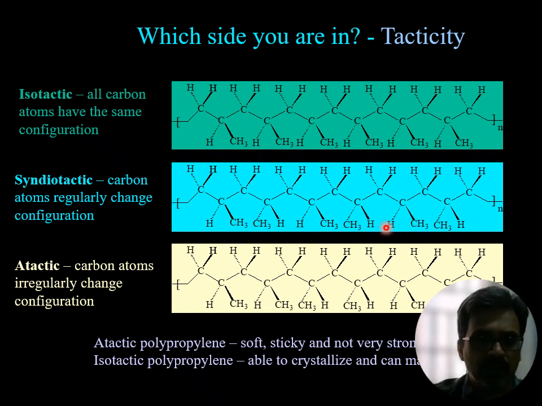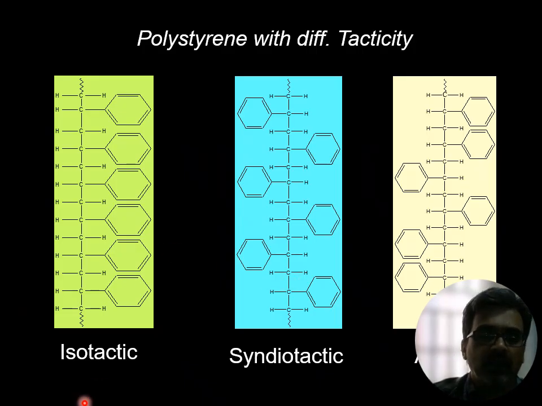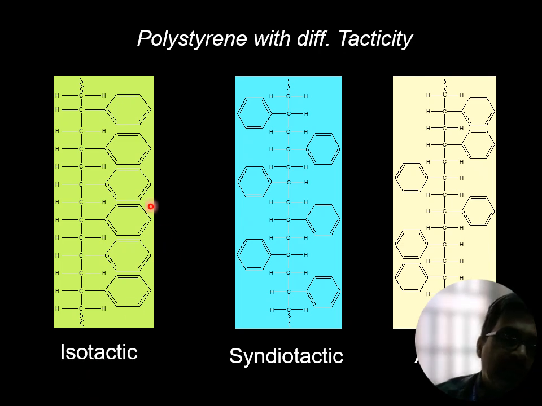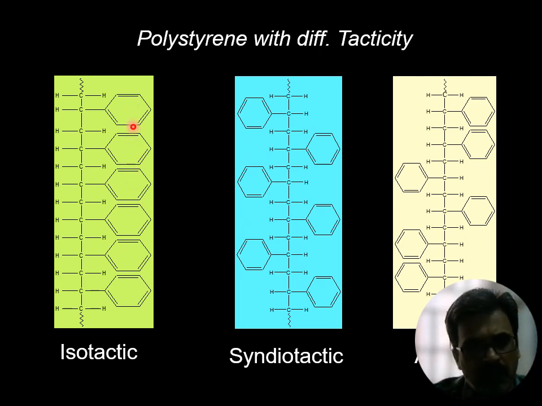This kind of regularly alternating configuration you call syndiotactic, and a very randomized system you call atactic. So atactic polypropylene is soft and sticky, and isotactic polypropylene can crystallize and even form thin fibers and sheets.